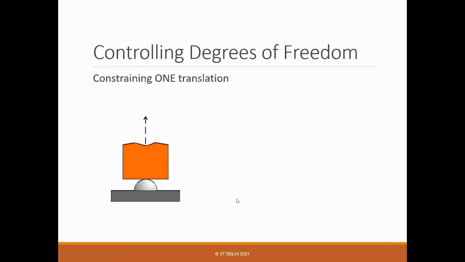So in this case, just normal to the surface will be the constraint line passing through the point of contact. So that's how you constrain one translation. If you extend the constraint line concept, what you realize is that a simple pin, or what we call a truss member with the articulating joint. Articulating joint means it's free to rotate at the ends.